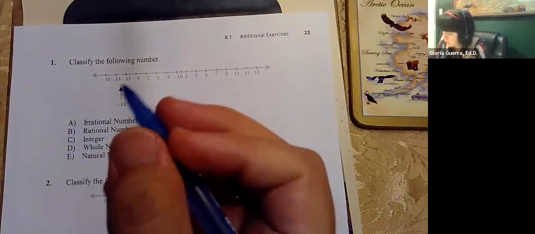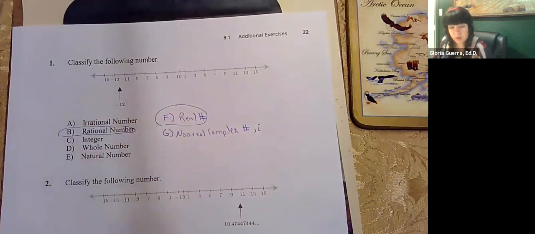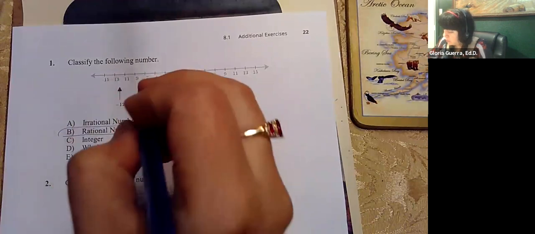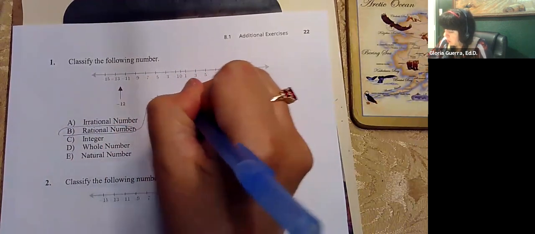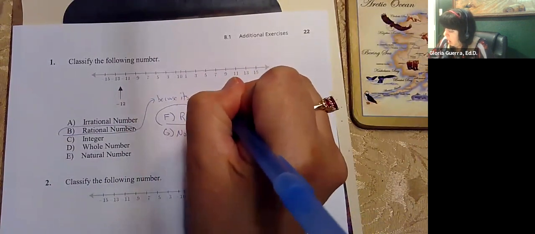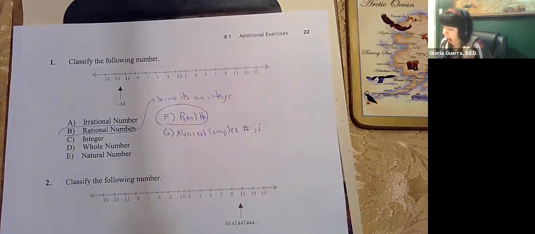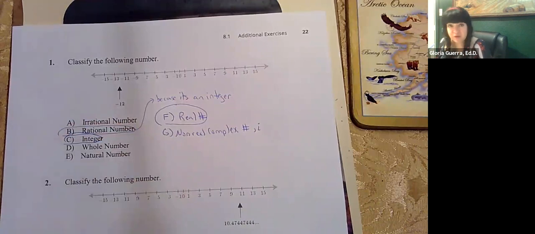So I'm going to circle the rational number. And the reason would be because it's an integer. Okay. But then that's it. Then you're done. Okay.